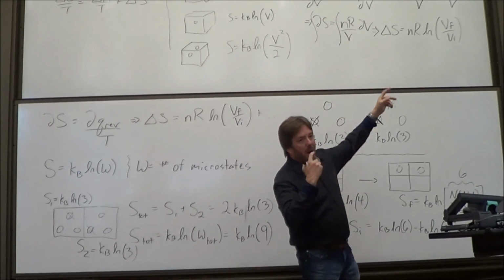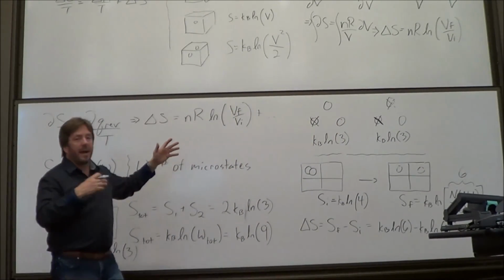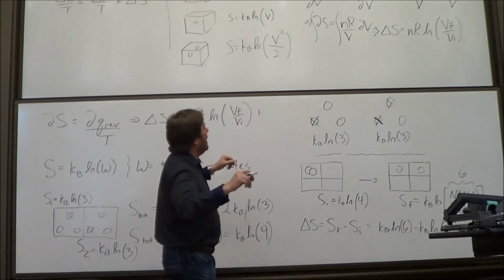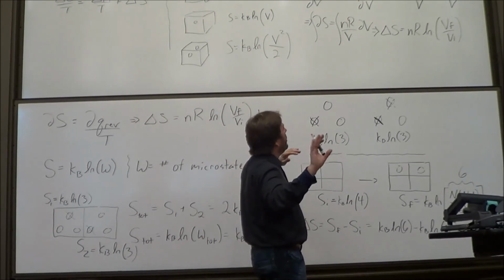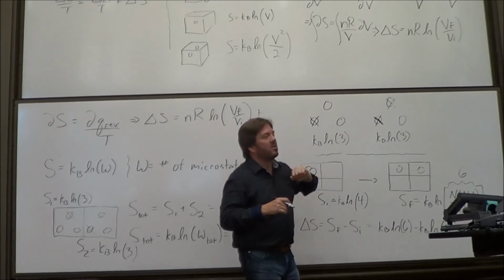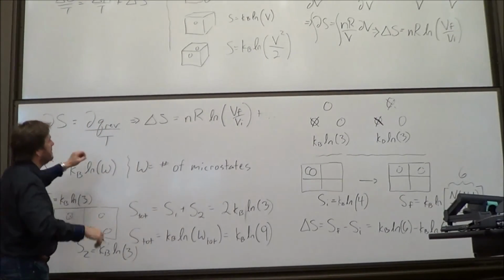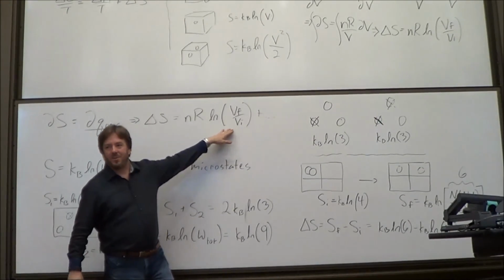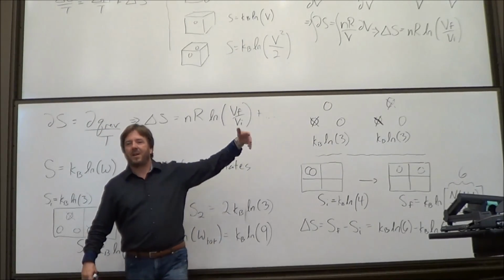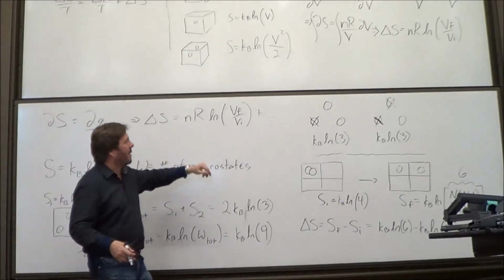I then use the probabilistic viewpoint of microstates when I say that for n molecules it's V^n over n because they're indistinguishable. Again, don't worry so much about that. I'm not going to put that on the test or anything. And that leads me to derive delta S as nR ln Vf over Vi, which is right here too. Now notice I didn't get the Cv ln temperature bit because I didn't change temperature. If I didn't allow it to happen, then of course that part's not there.